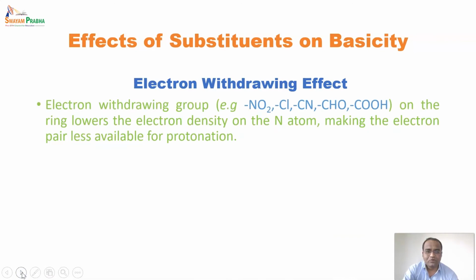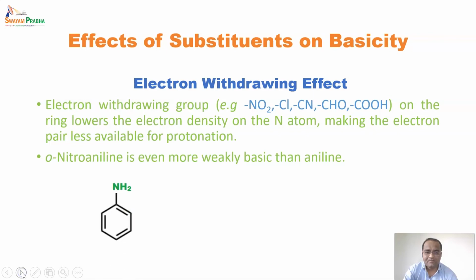Electron withdrawing groups such as nitro, chloro, cyano, aldehyde and carboxylic acid on the ring lower the electron density on the nitrogen atom, making the electron pair less available for protonation. An example like ortho-nitroaniline is even more weakly basic than aniline. This is the structure of aniline and this one is the structure of ortho-nitroaniline.